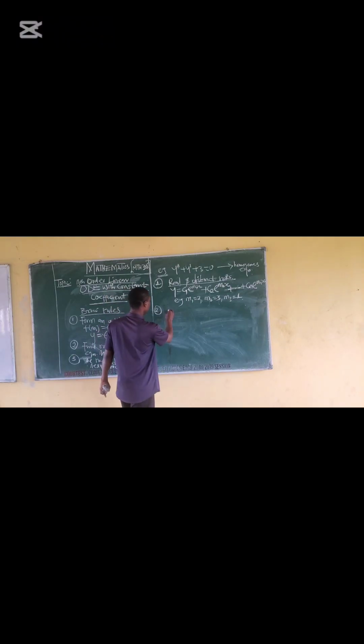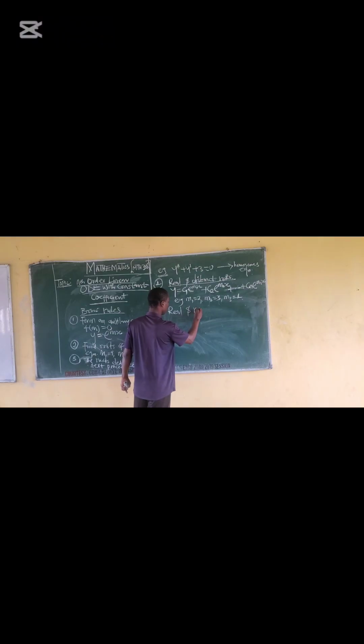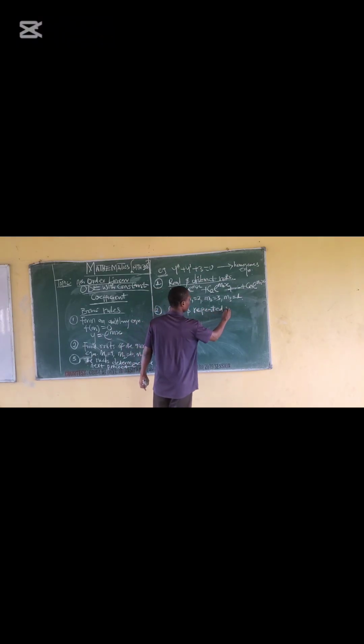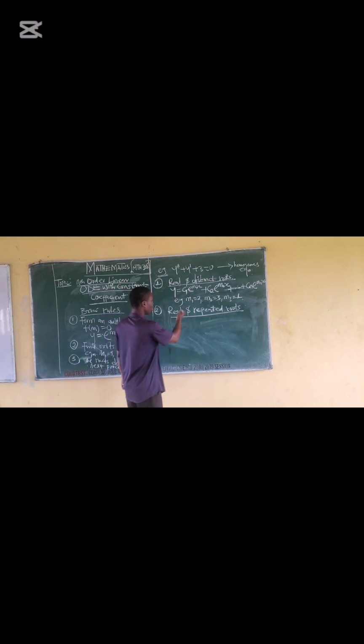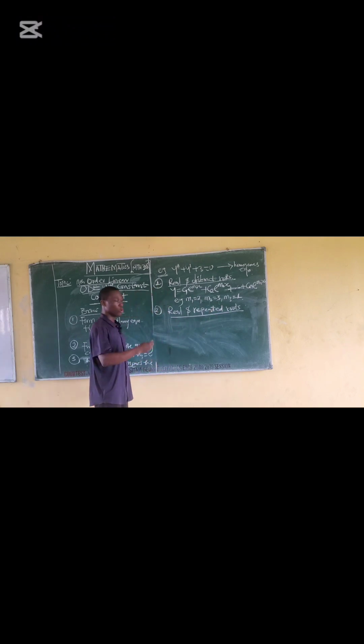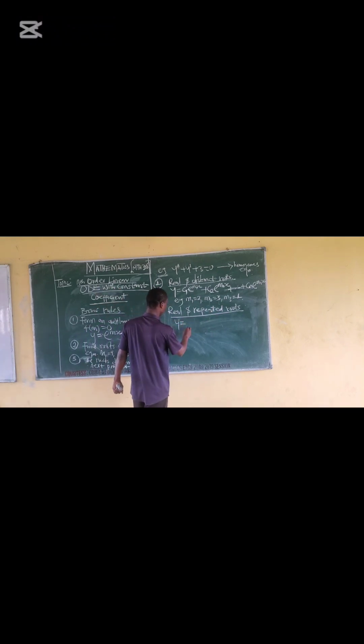Alright, so for a real and repeated root, the expression is no longer in this form because the numbers are now repeating. So I'm going to have y equal to c1 exponential m1x.